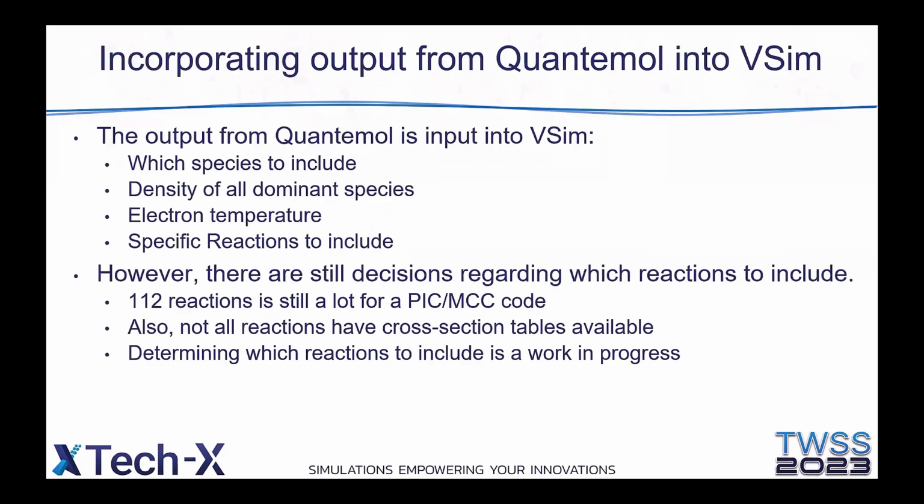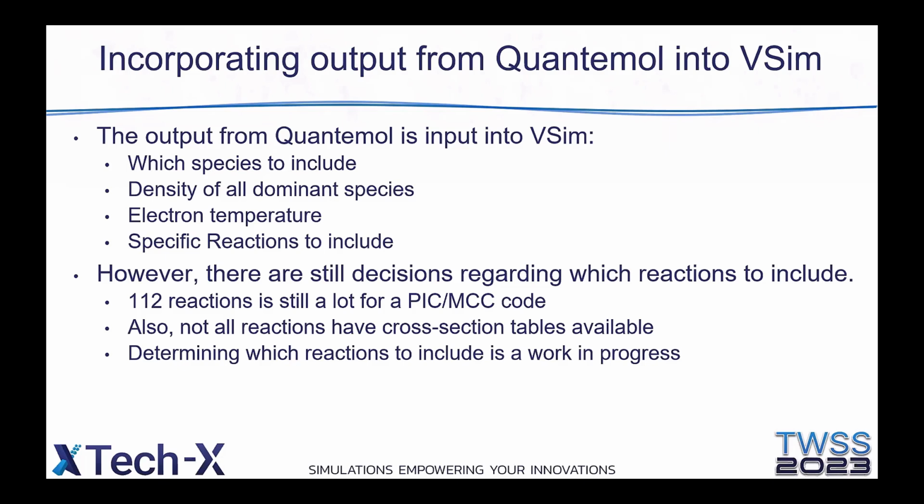At this point I want to talk about inputting the output from Quantumol into VSim. Quantumol will tell us which species to include, the density of the dominant species, the electron temperature, and the specific reactions to include. That last bullet point, the specific reactions, we're still working on.